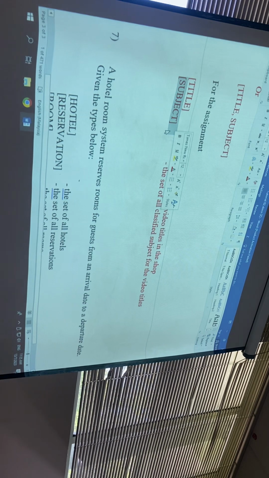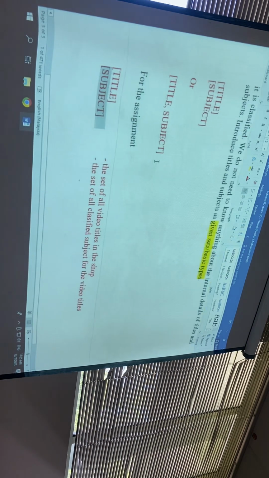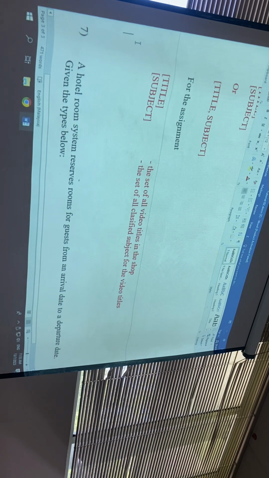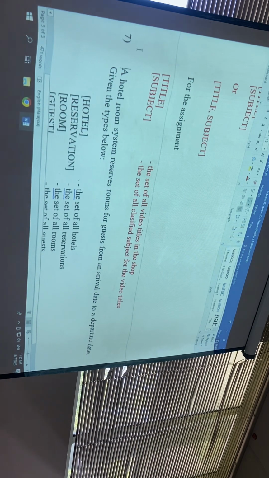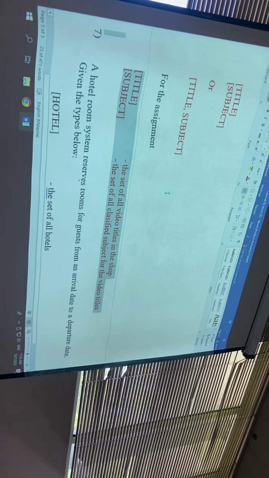So you must follow the guidelines to create basic type. This is what you have to do for your assignment later. Starting next week you have to start doing the data abstraction already. Okay, so any question about this?